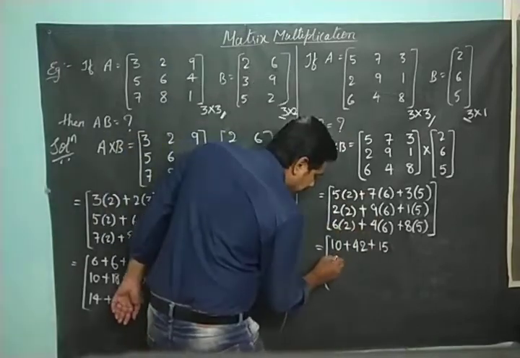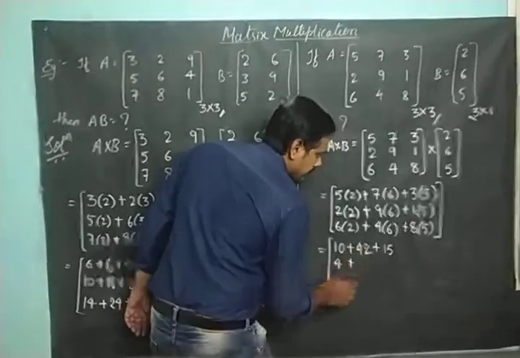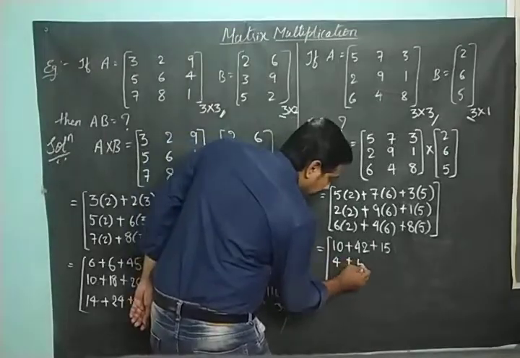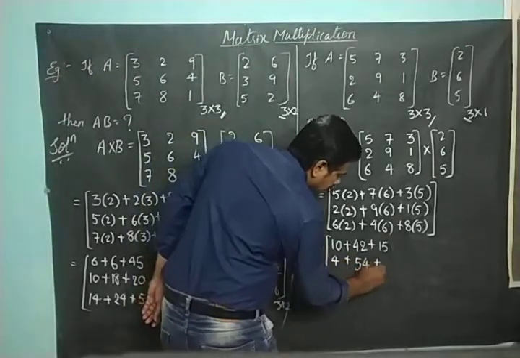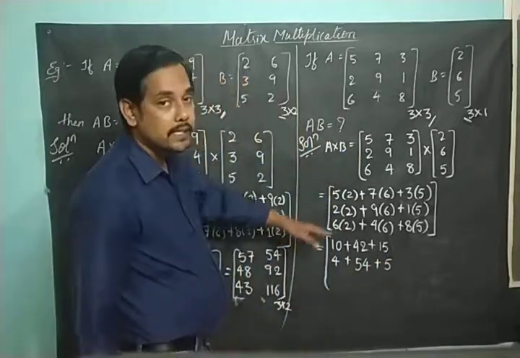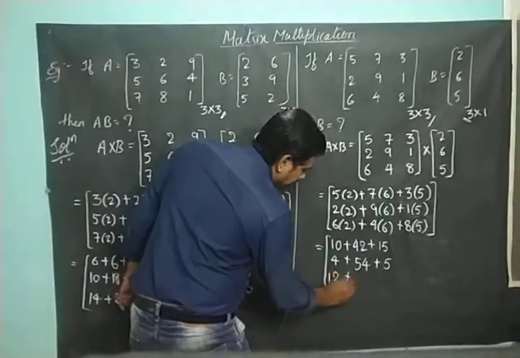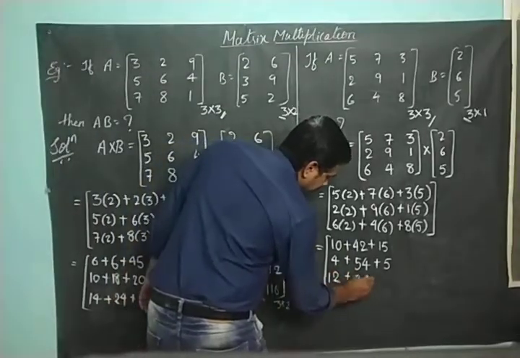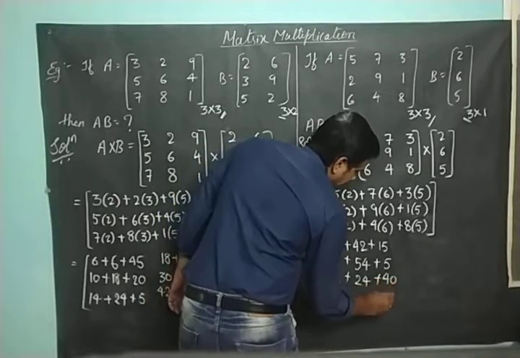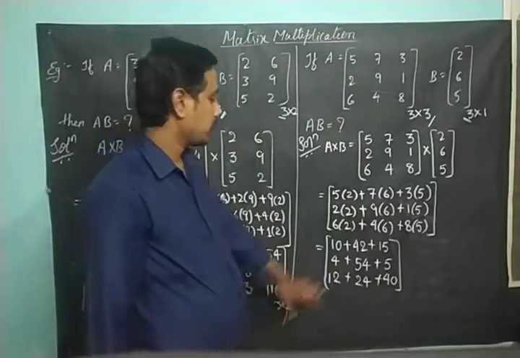Similarly 2 into 2 is 4 plus 9 into 6 is 54, 1 into 5 is 5. Similarly 6 into 2 is 12 plus 4 into 6 is 24 plus 8 into 5 is 40. Fine. So these were the values.